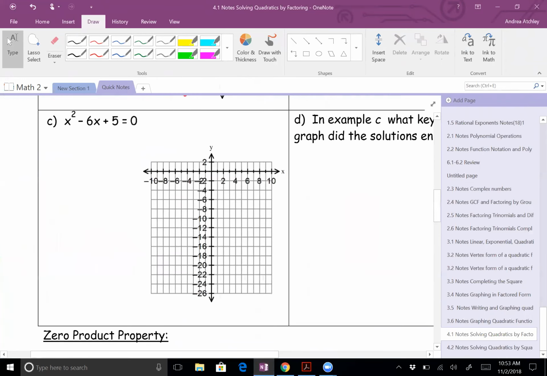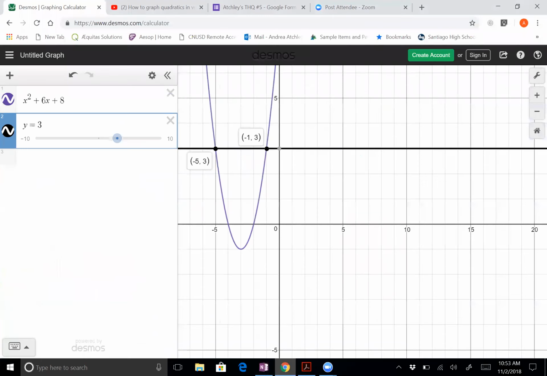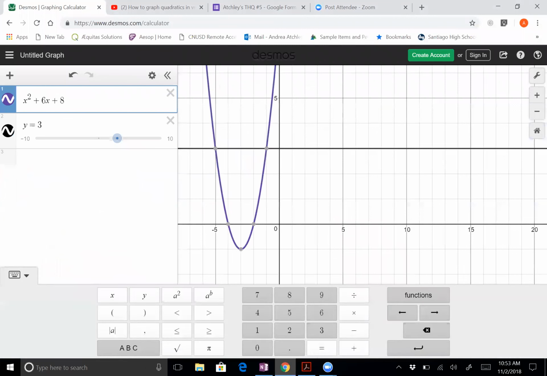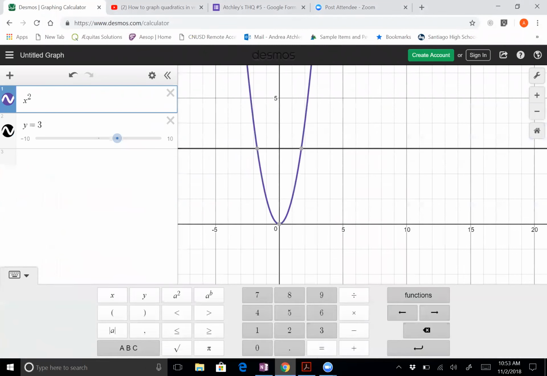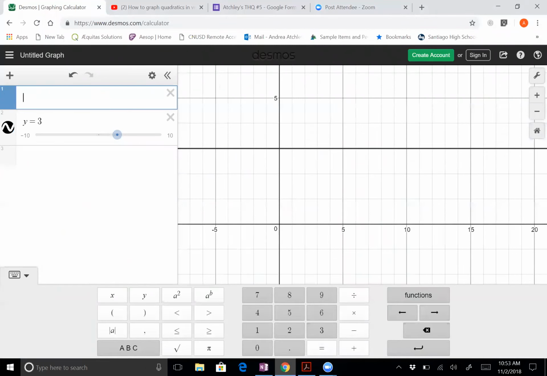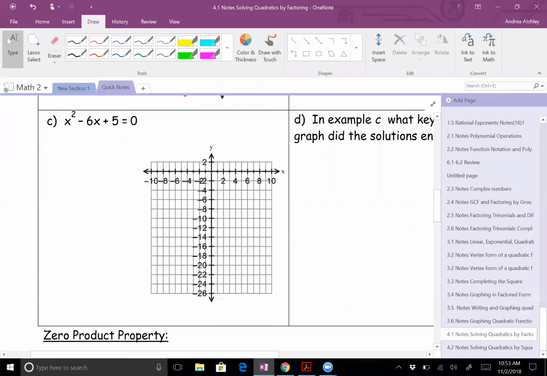Okay, same thing, we're gonna graph that on Desmos because that makes life a lot easier. I want you guys to change, let's see, mine's a little different than yours. Make the 5 a positive on yours. Yeah, change the x squared minus 6x, put it as +5 instead of -5. Again, it makes it a little easier.